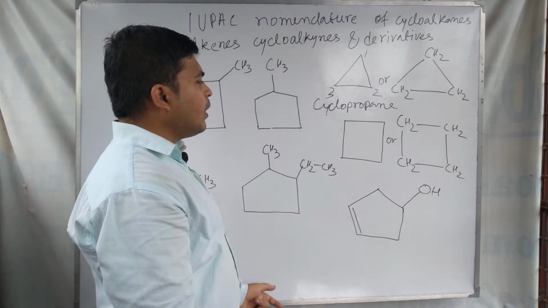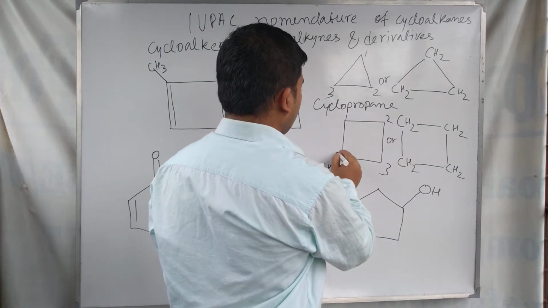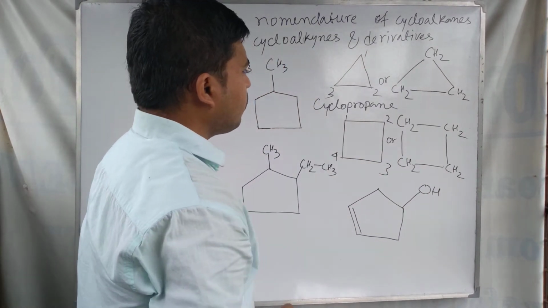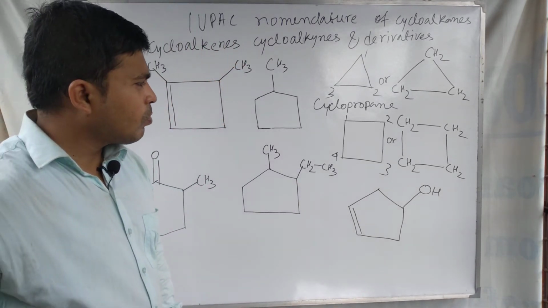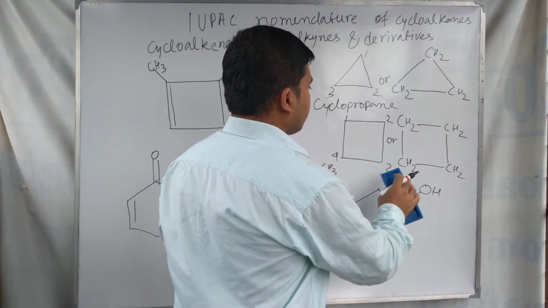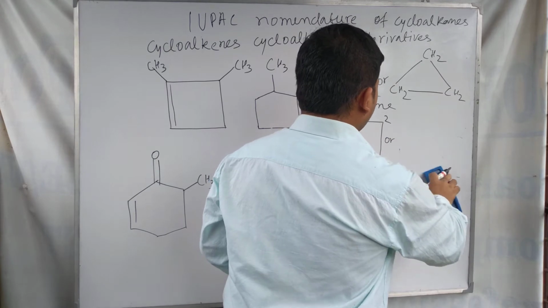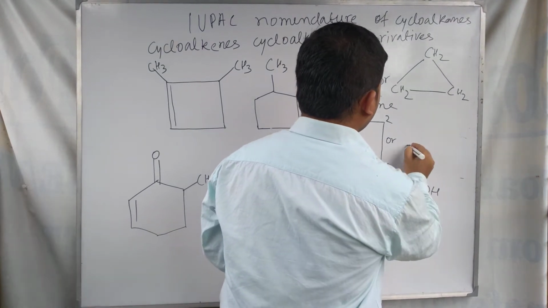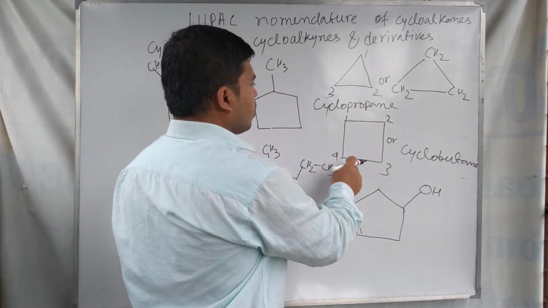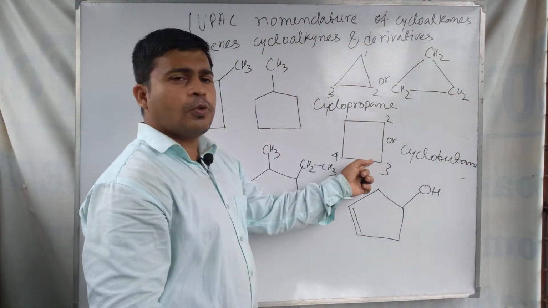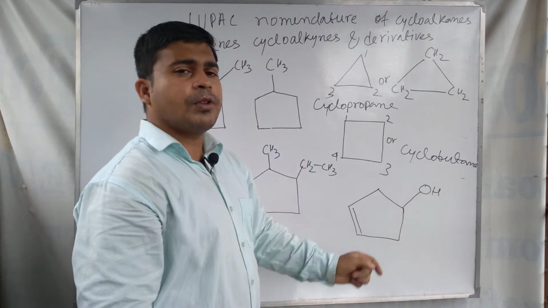Cyclopropane is the IUPAC name of this molecule. Now if we talk about this molecule, here 1, 2, 3 and 4 carbons are present, so it is called cyclobutane. The IUPAC name of this molecule is cyclobutane. 4 carbons are present, so the root word is but, and the suffix ane is added here because all carbons have single bonds only.